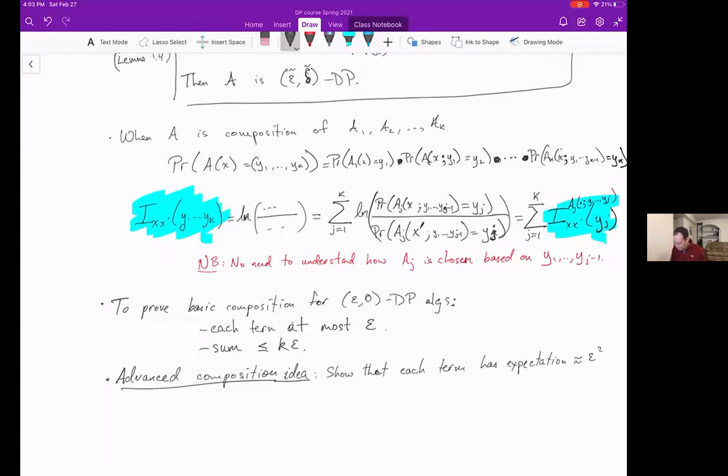Okay, and it's not actually true that these terms, in fact, these things don't even need to have finite expectation. That's one of the things that makes this tricky, but they have expectation roughly epsilon squared after we remove some set of bad outcomes. We remove a bad event from the probability space, and we'll see how to do that.